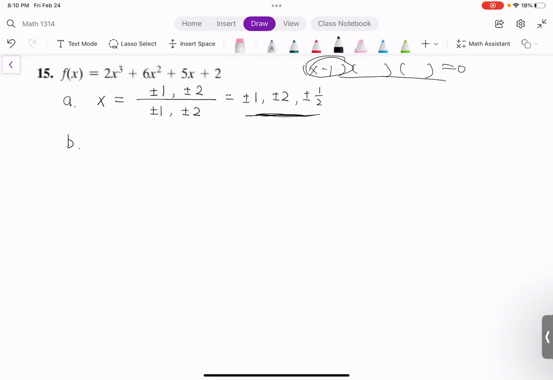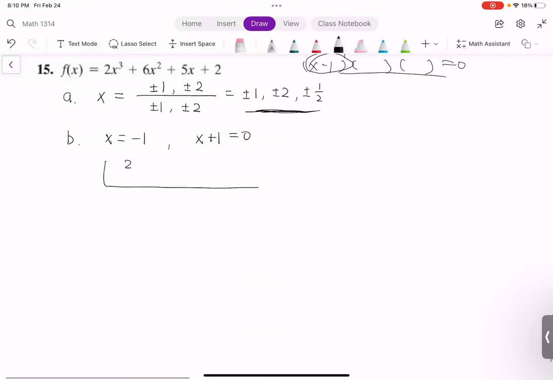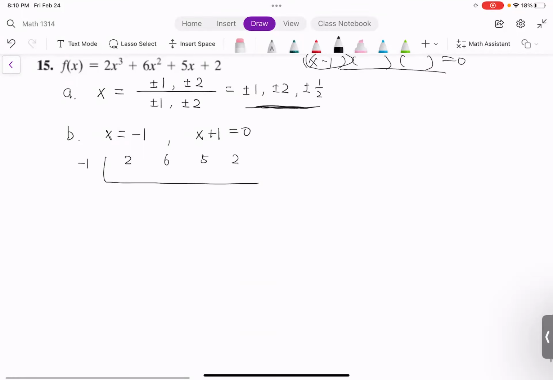So let's start from x equals -1, and then the divisor form is x plus 1 equals 0. Okay, let's write all the coefficient here. 2, 6, 5, 2. And then put -1 here, bring down the 2. So 2.